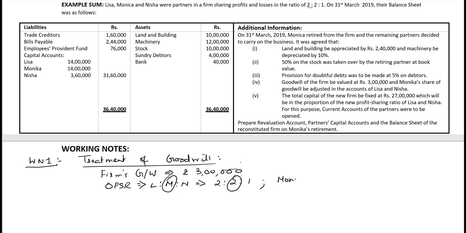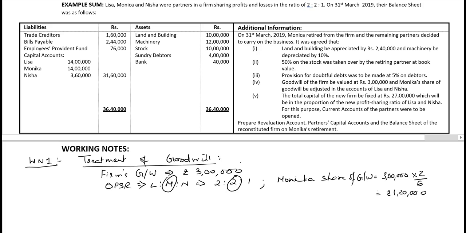So Monica's share of goodwill is equal to 3 lakh rupees multiplied by Monica's share in profits 2 divided by 5, which is equal to rupees 1,20,000.